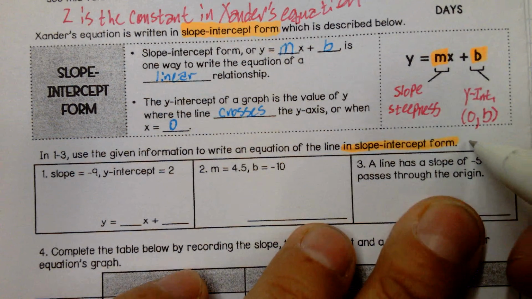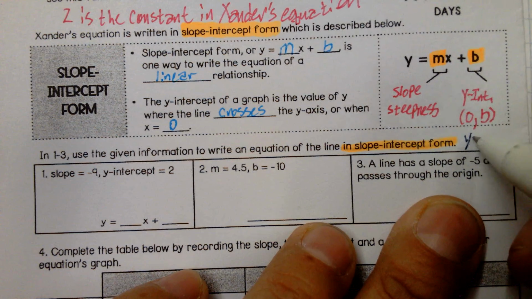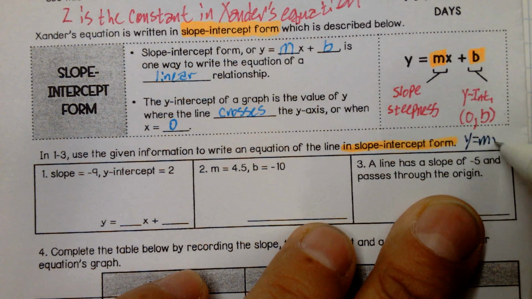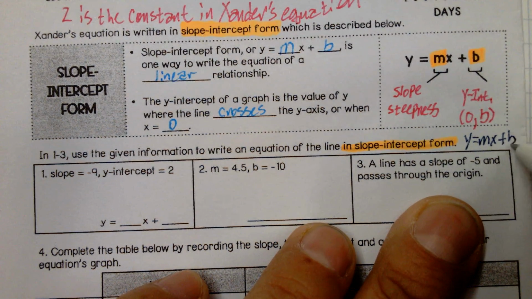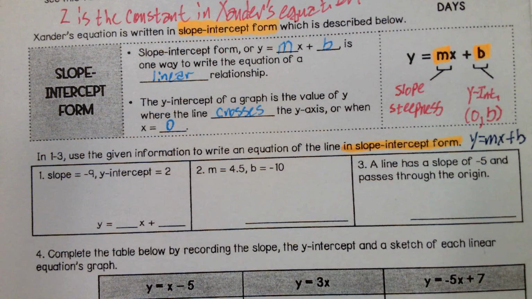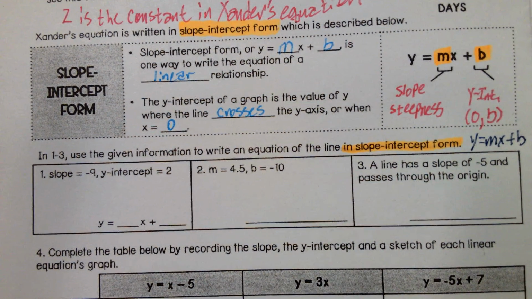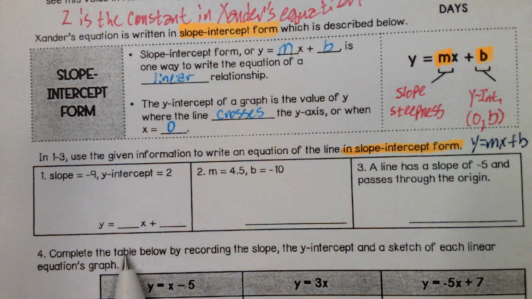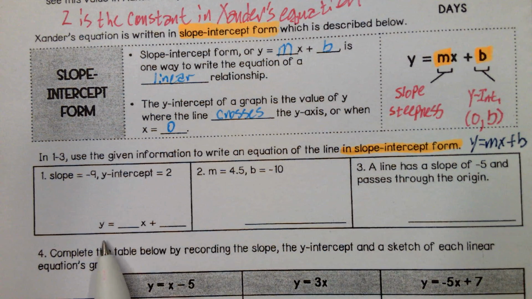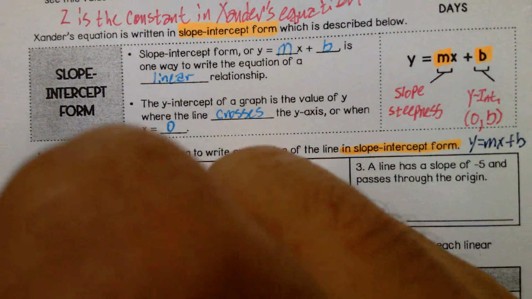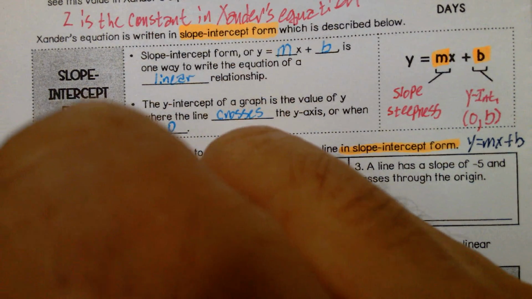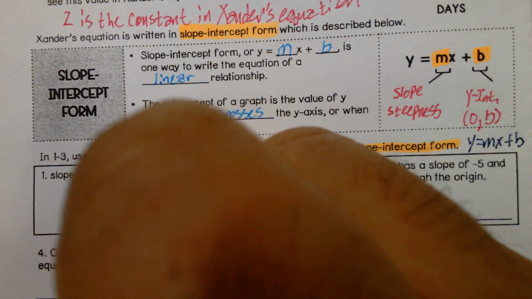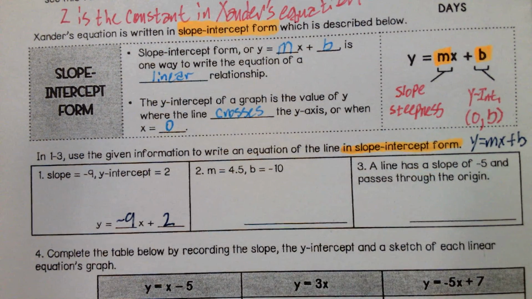And whenever they say slope-intercept form, y equals mx plus b. So if they tell us the slope's -9 and the y-intercept is +2, what would our equation be? Y equals -9x plus 2. Doesn't get much easier than that.